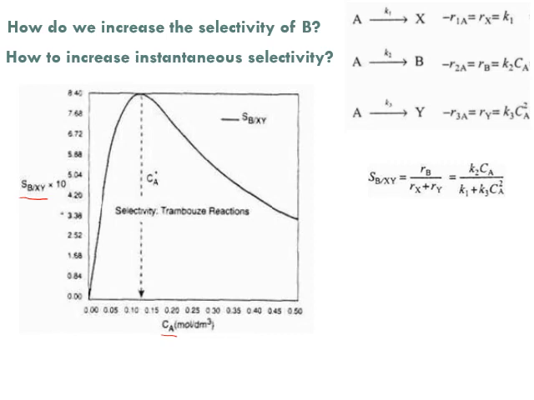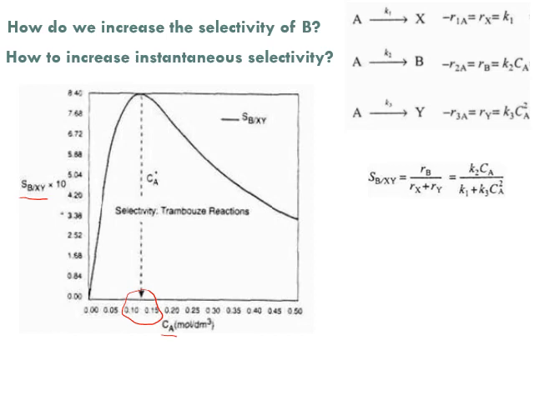We can see that there is a maximum value for the instantaneous selectivity, at a concentration of around 0.11 something. If we could operate the reactor at this concentration, the selectivity will always be at its maximum.